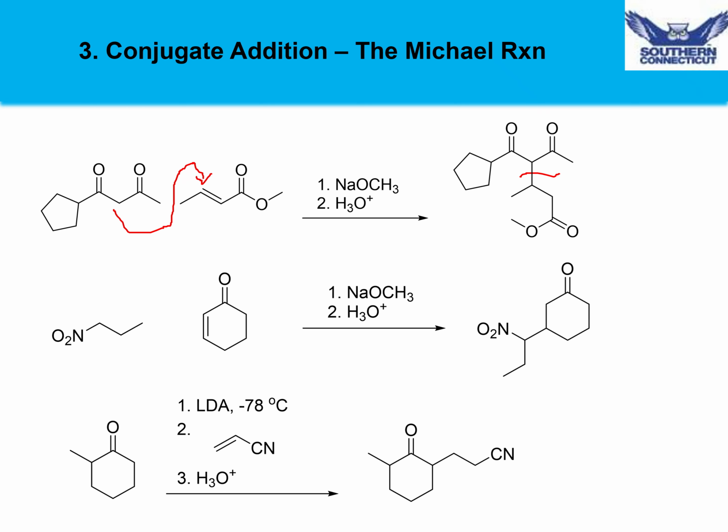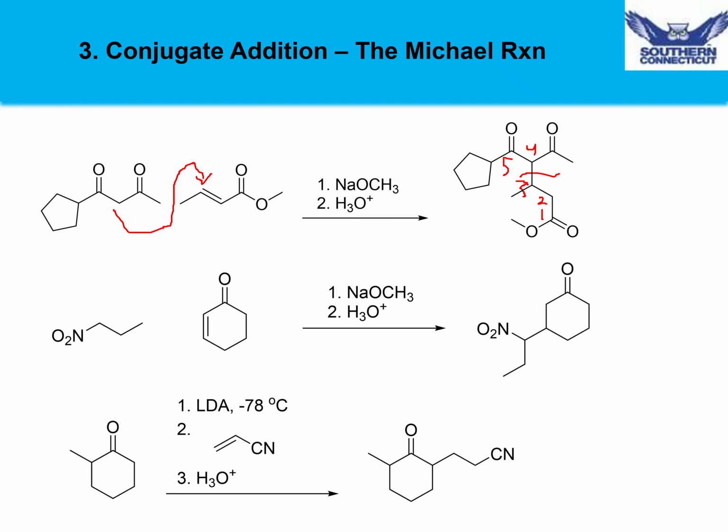And notice the product would be a 1,5-diester. So if we count from the carbonyl of each partner, they're going to be 1,5 to each other. So this is carbon 4, and you can count the carbon of any of the two ketones. Those are going to be carbon 5.